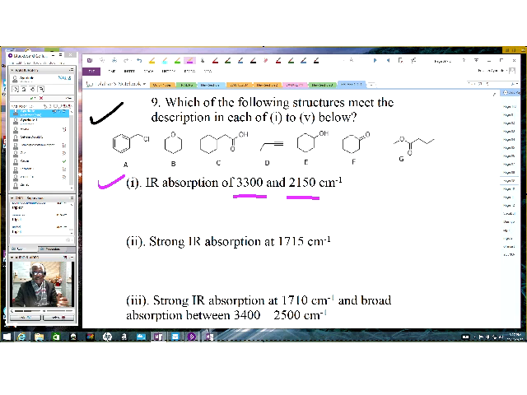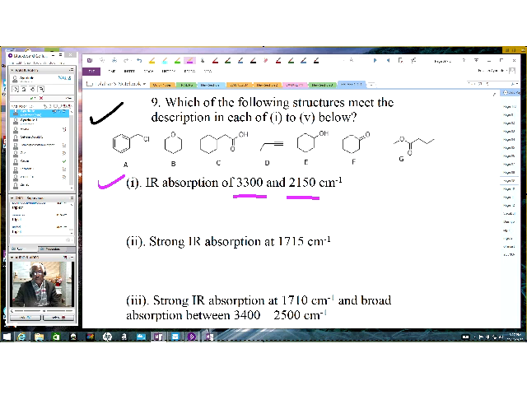You find this table in your book, and for any exam that you do, you will be given a table of infrared absorption so that you have an idea what is the range of the absorption frequency for different functional groups in organic chemistry.